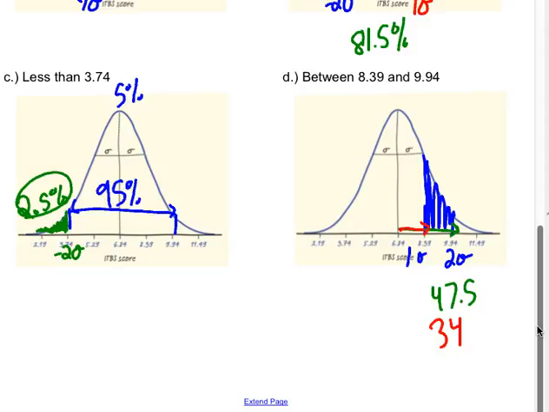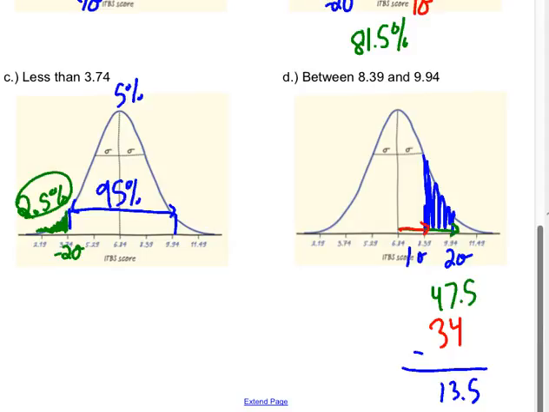So if I want that in between, I'm going to want to subtract those. Okay, and that's going to give me 13.5% of the data. So for this, you really have to be good at manipulating areas visually. Okay, working around those different areas to see how to capture them.